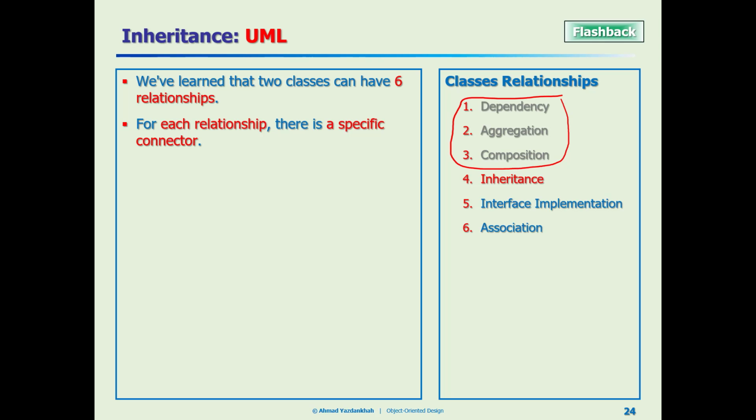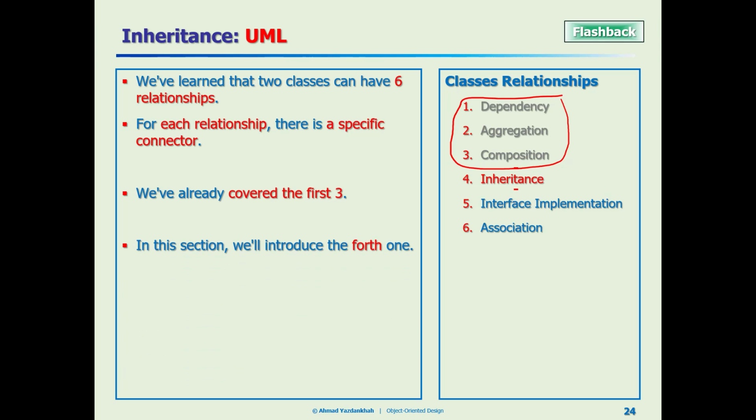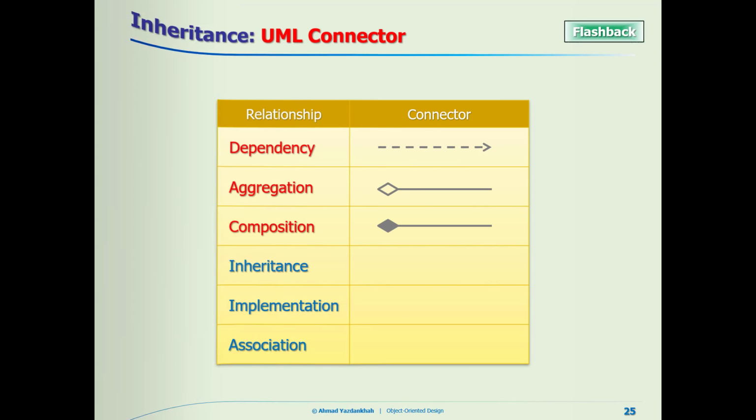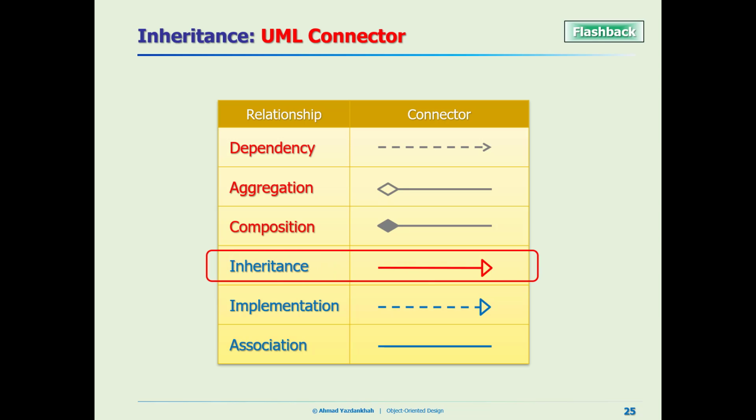Now, this time we are going to focus on inheritance. And also, we know that for every relationship we have a connector. Let's review them as well. Yeah, these are those relationships and connectors that we have covered, and now we want to talk about inheritance, which looks like this.